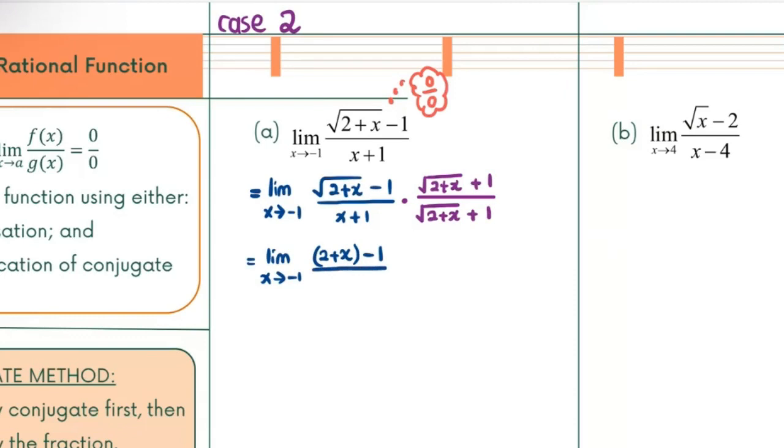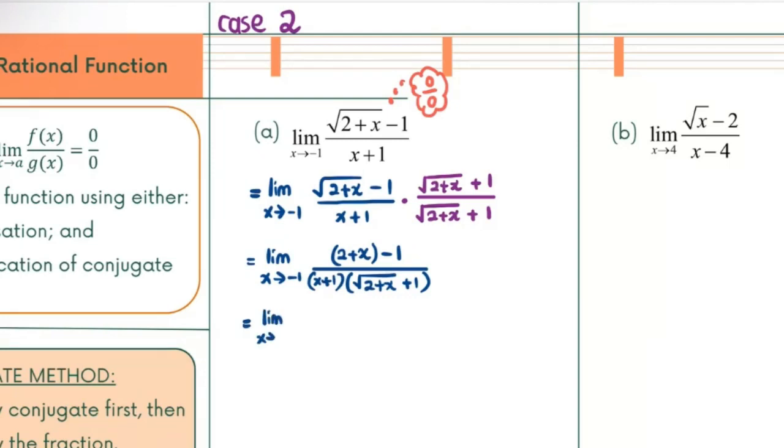Now denominator pula. Denominator ni kita perlu expand lah. So saya jadikan dia sebagai x plus 1 you multiply by square root of 2 plus x plus 1. Yang ini expand dia akan kekal sebagai denominator ini sahaja. Okay, kemudian saya simplifykan function yang numerator kita.